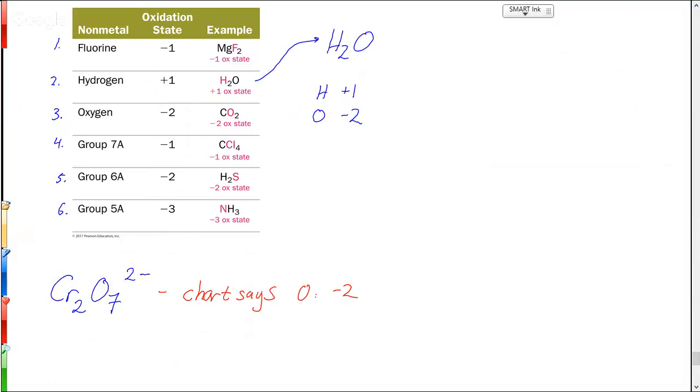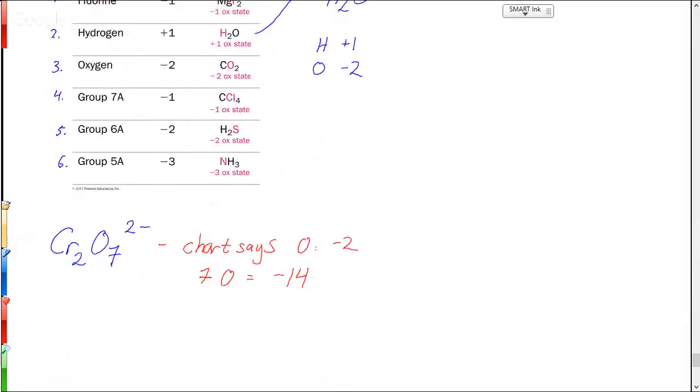There are 7 oxygens, which means we have -14 total, right? So the chromium oxidation state must be what? Close. What does it have to add to overall? -2.